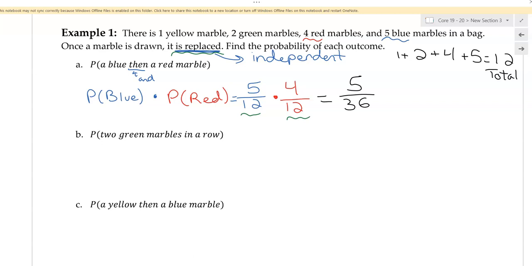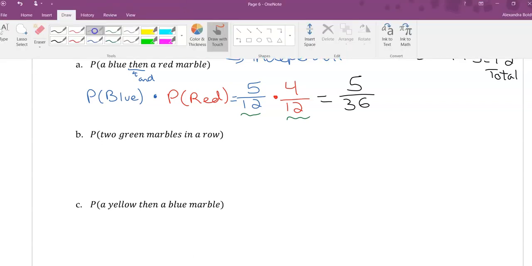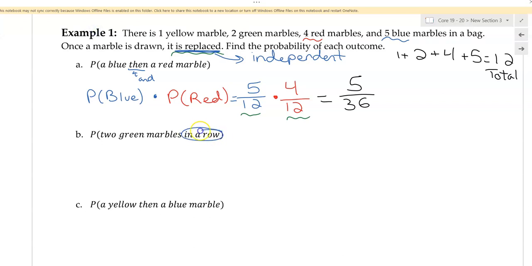Okay? Same thing here. There's 2 green marbles in a row. This means I'm doing green and green. Right? It means the same thing. So I'm going to pull out 1 green marble, put it back, and then pull out another green marble. That'd be 2 green marbles in a row. So really what I'm doing is the probability of green times the probability of green.